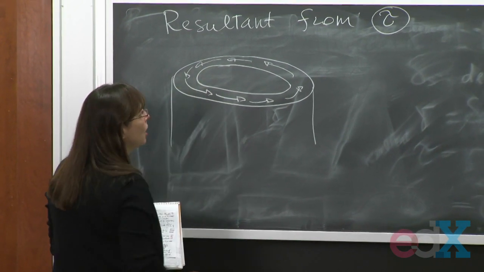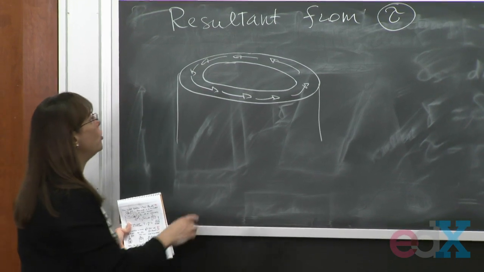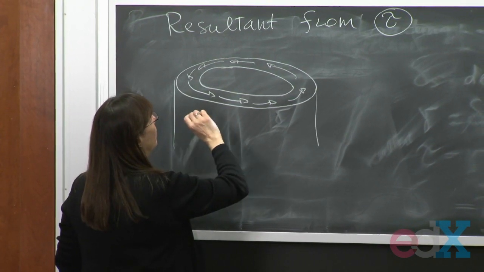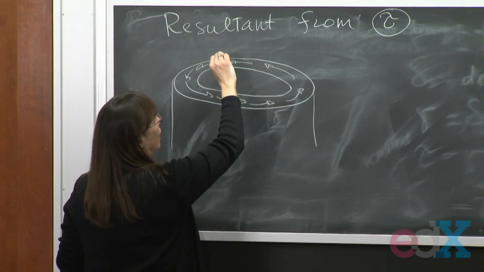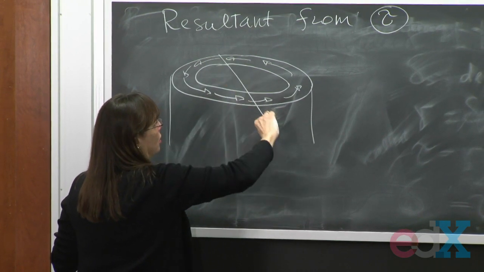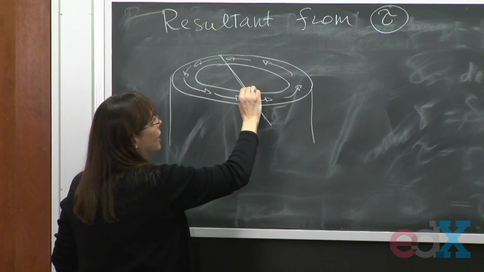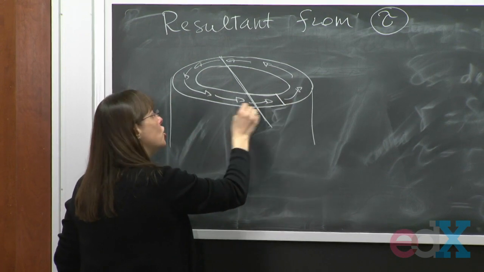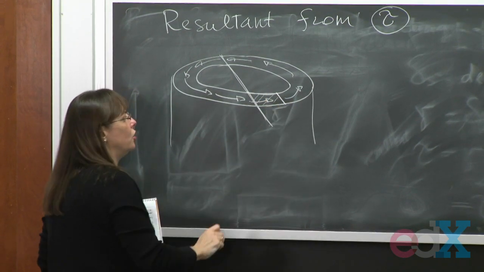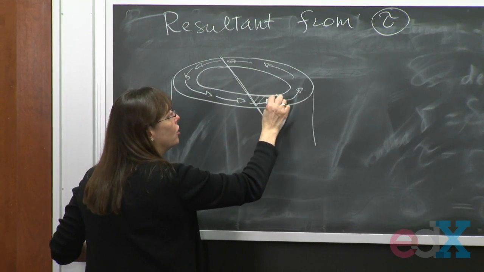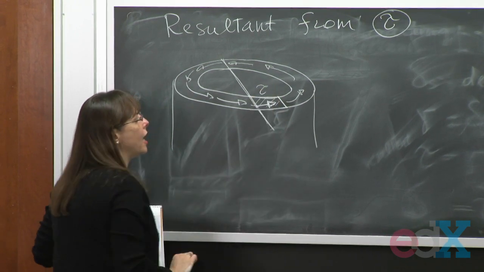Now, what we're going to do is take a little area of the shaft. Let's say that I take this area here of the shaft, and on this little area the tau looks like that.